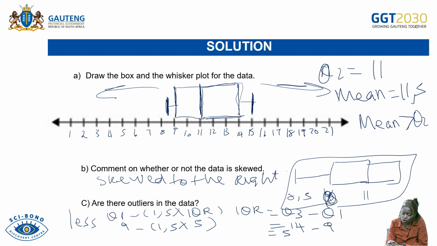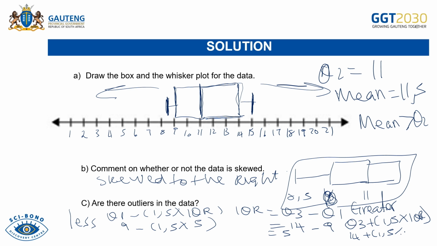And then also, it should be greater than your Q3 plus 1,5 times IQR. So your Q3, we said, is given as 14, plus 1,5 times 5 for the IQR. Let's put everything in the calculator.